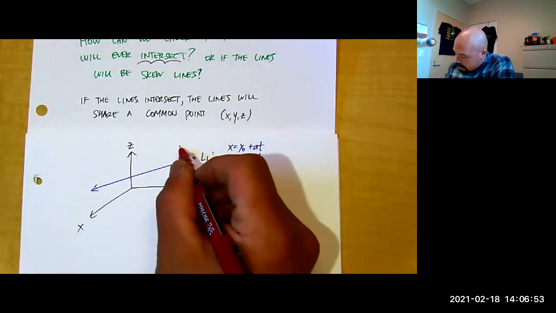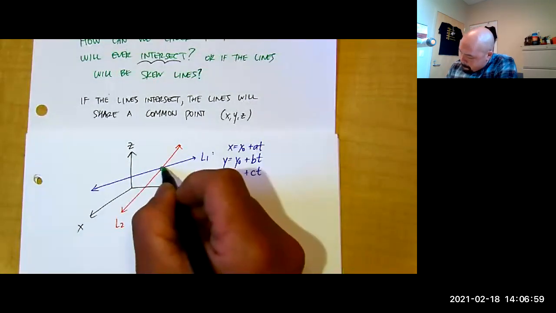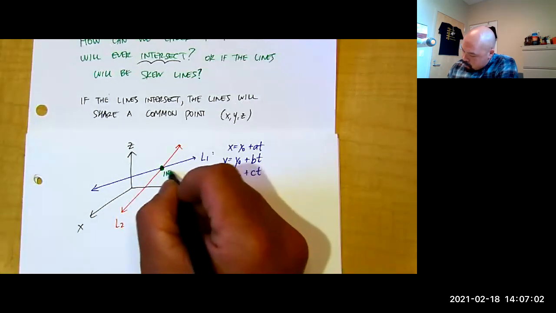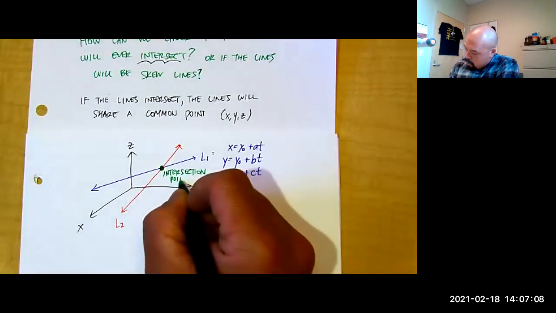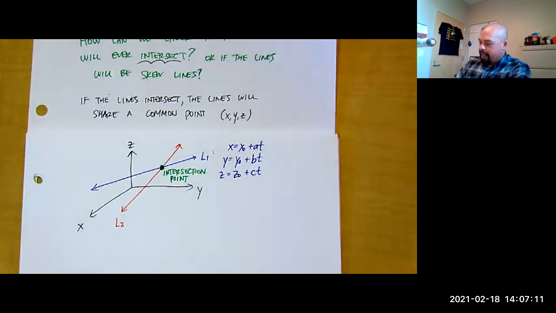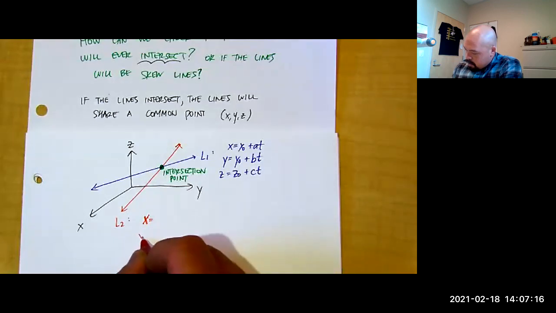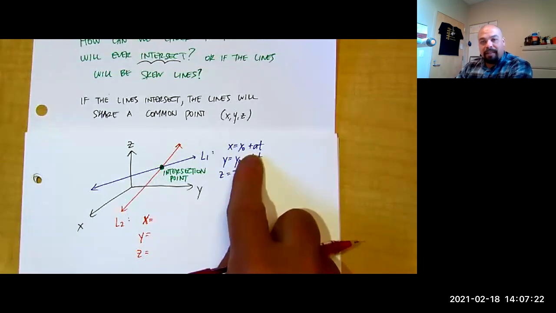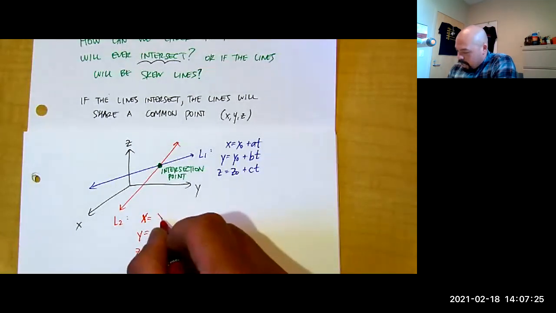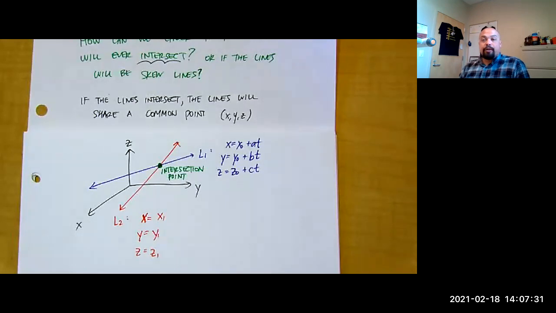But then we might have this second line coming in, and of course have a point of intersection. For that second line, it might not have the same initial point, of course. That point of intersection might not be the initial point. So let me call it x1, y1, z1. So it's a different initial point, the one point we know.